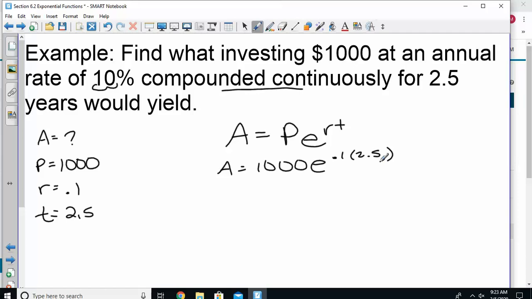The e button is on your calculator, like the third one up from the bottom on the left. There's an LN, and above that it has e to the x. So you can hit second LN, and that'll bring up your e to the x.